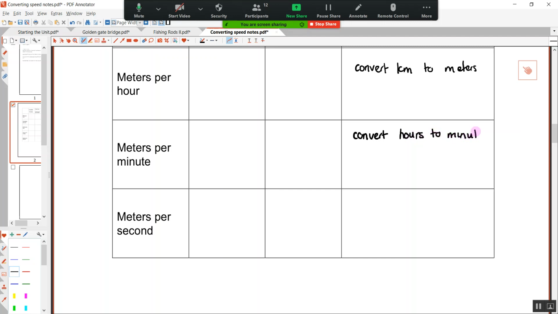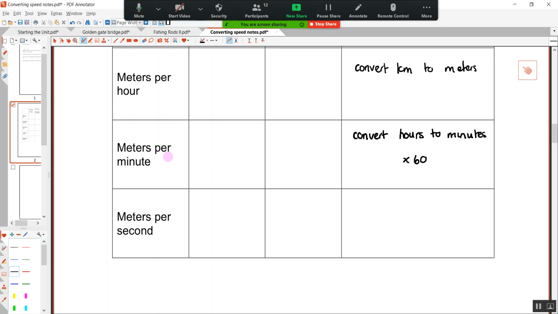Do you know how to do that? Yeah. So do we multiply or divide? We've got 1 hour, but I would have how many? So there's more minutes than hours, so we're going to multiply by 60. So we're going to convert hours to minutes, but we're going to end up with 60 minutes, right?